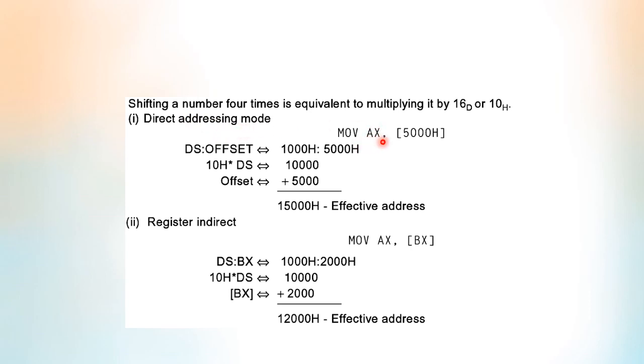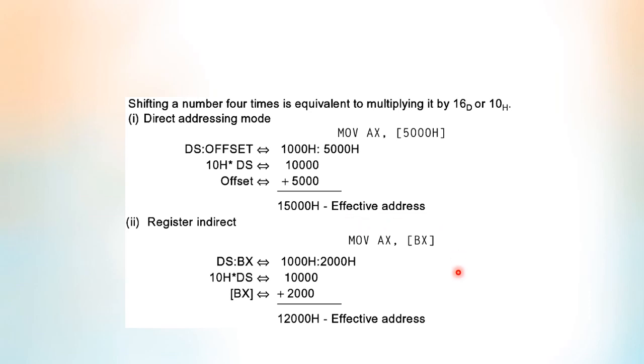Move AX, 5000H. So by default, the data segment is considered. The value of data segment is given as 1000H. Inside the data segment, the offset is 5000H. So to calculate the effective address, we will just shift the data segment register value to left by 4 bits and add the offset value, and we will get the effective address.